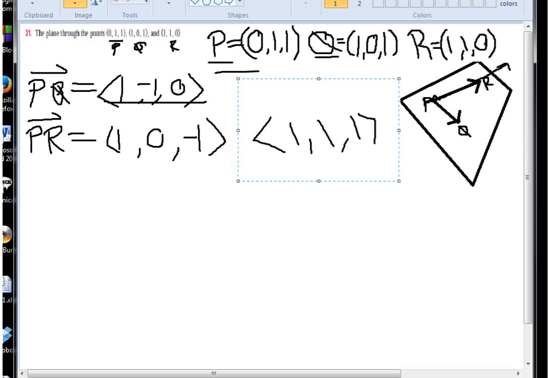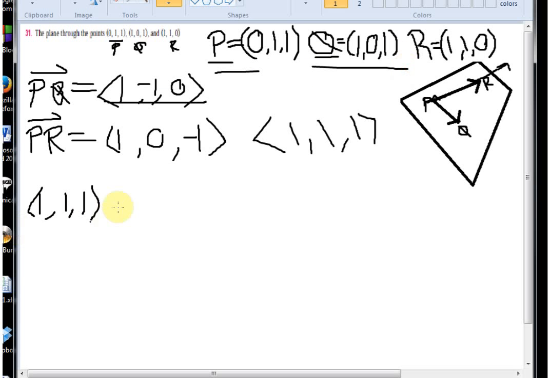So we have our normal vector 1, 1, 1, and we have a point. We can use the Q point. Could be any one, but we can use Q.